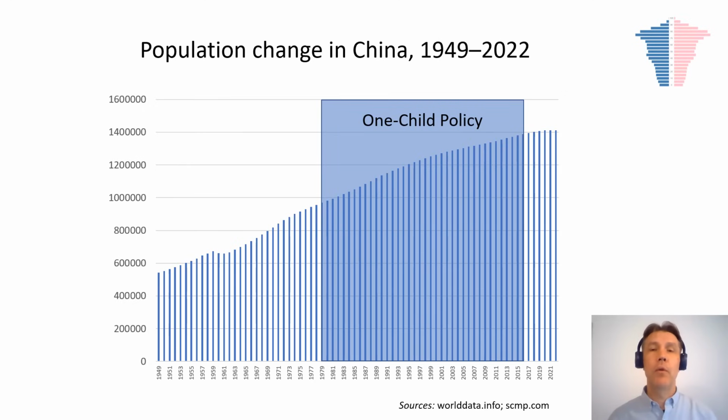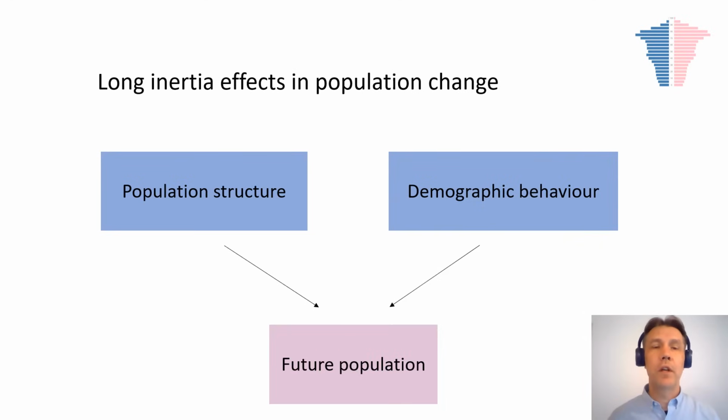Very often, when we talk about policy, we talk about concrete behavior of the households when it comes to fertility, mortality, migration. But in addition to the behavior, it's also important what the underlying age structure is that shapes population progress. In other words, there is always a very long inertia effect in population change.